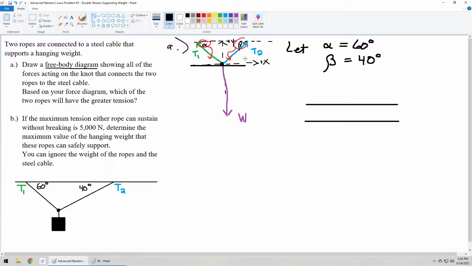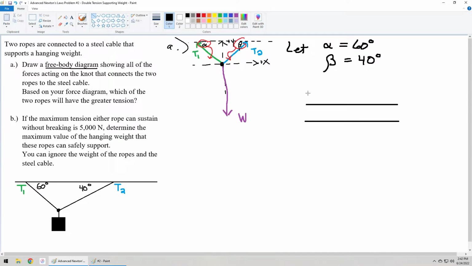If I wanted to be honest about it, I would use a completely straight, thick line here. We know that the ropes are connected to the ceiling at the exact same point, so there must be a line here, as I've drawn with this dotted line, where the two vectors would touch. So we have two parallel lines here, the x-axis and the line where the two vectors touch at the arrowheads.